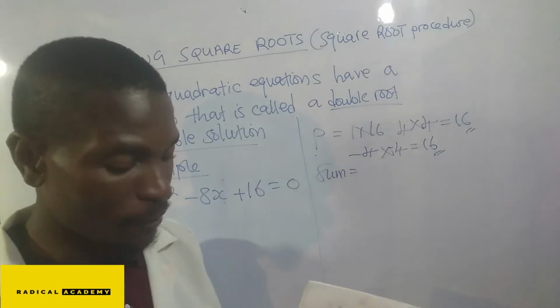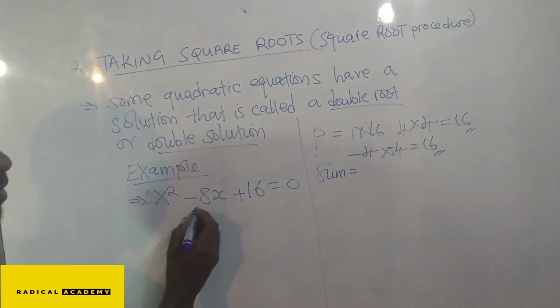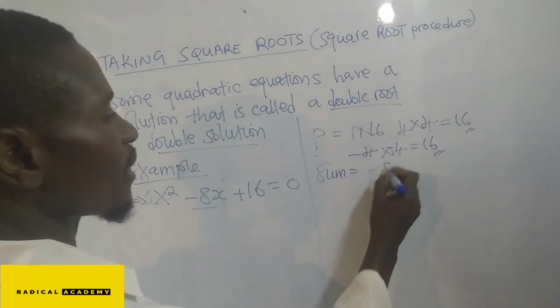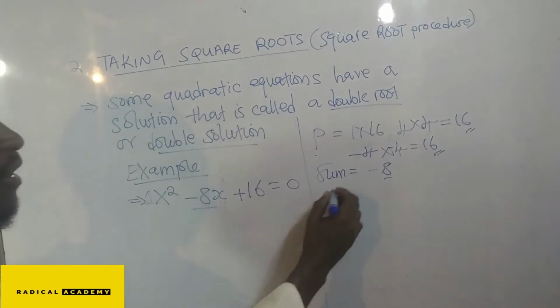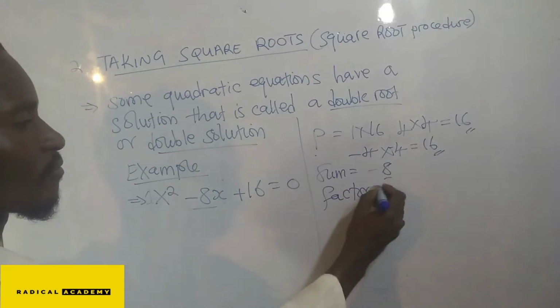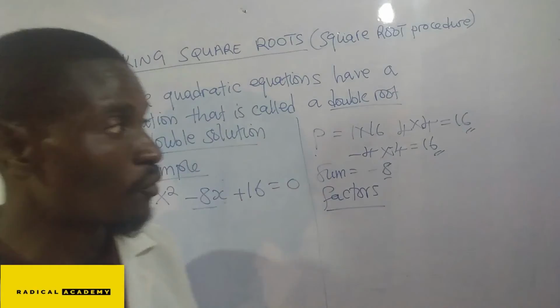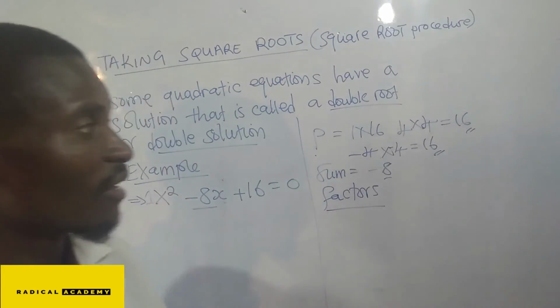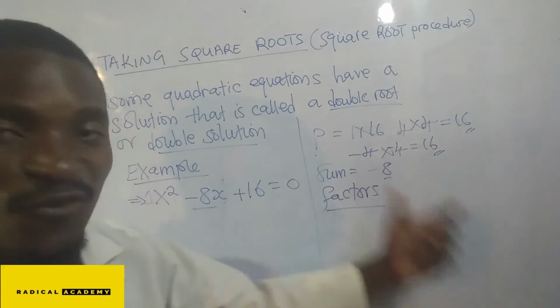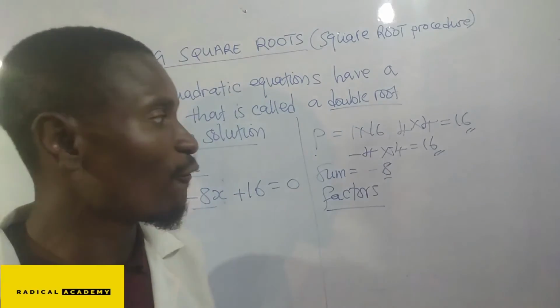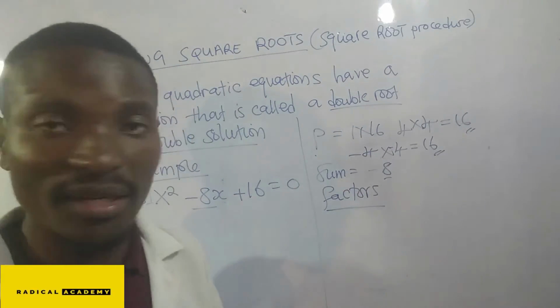Okay, so now the sum is -8, and the factors come from the list of the product, meaning is it 1 and 16, is it 4 and 4, is it -4 as well as -4.